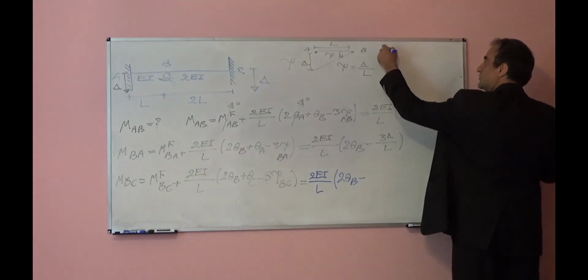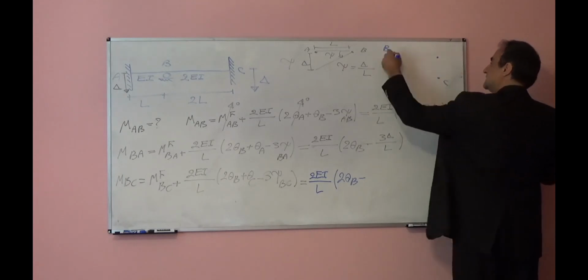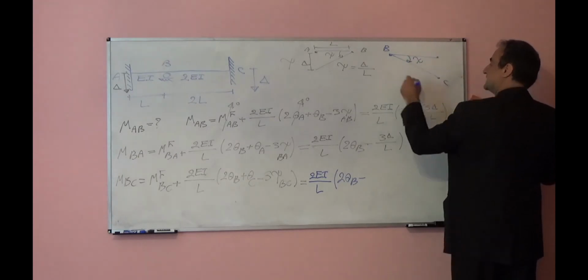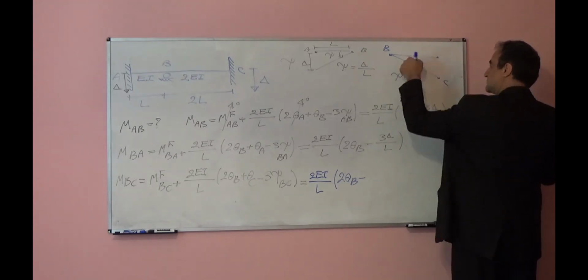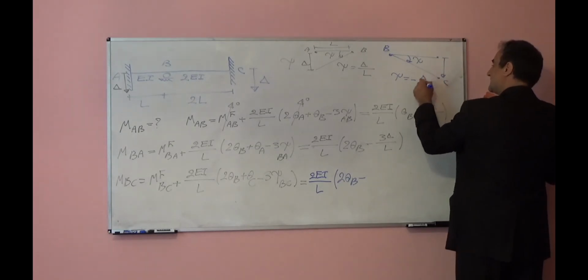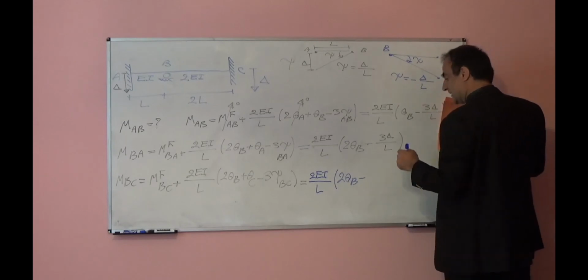This is support B, support C initially is here, moves here. So in this direction psi. Because it is a clockwise rotation, psi will be negative delta over L.